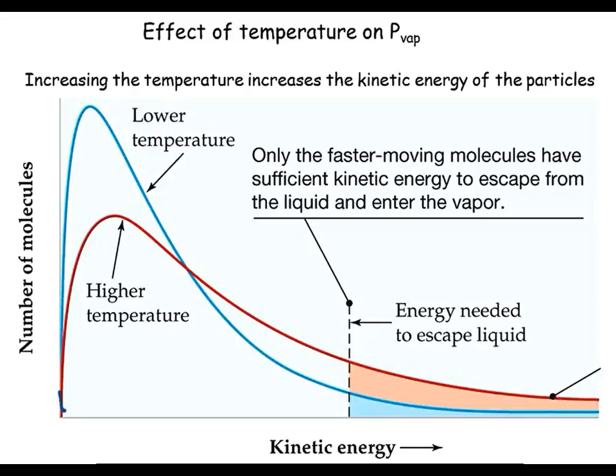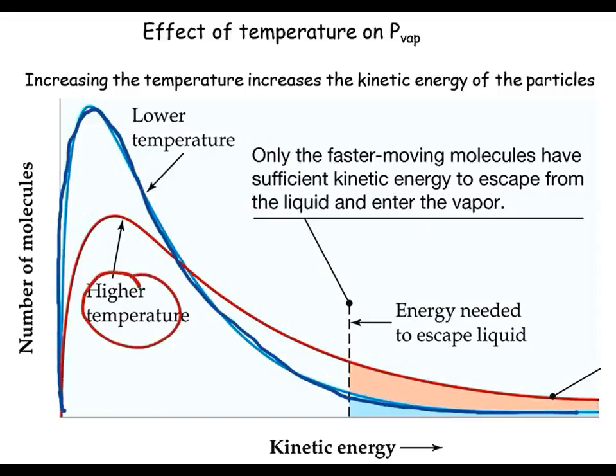This is our same picture, and I'm highlighting in blue sort of a lower temperature. Think about room temperature, and that's the number of molecules on Y that have a certain kinetic energy. Now at higher temperature, the graph sort of shifts over to the right, and that's the red graph. What I want to call your attention to is on the right hand side, past that dashed line, there is a blue shaded region.